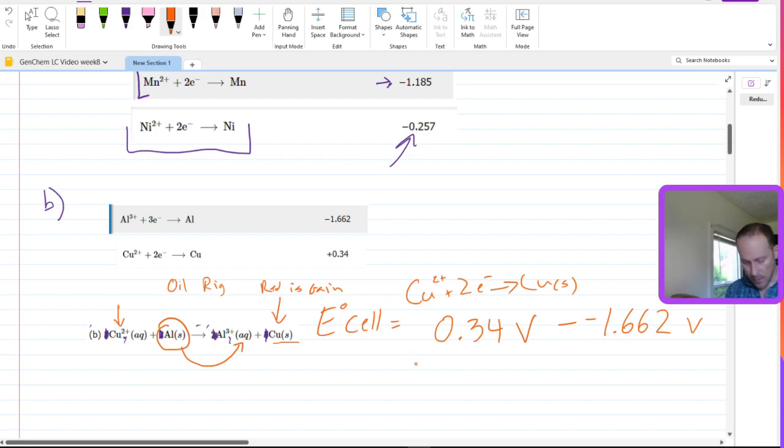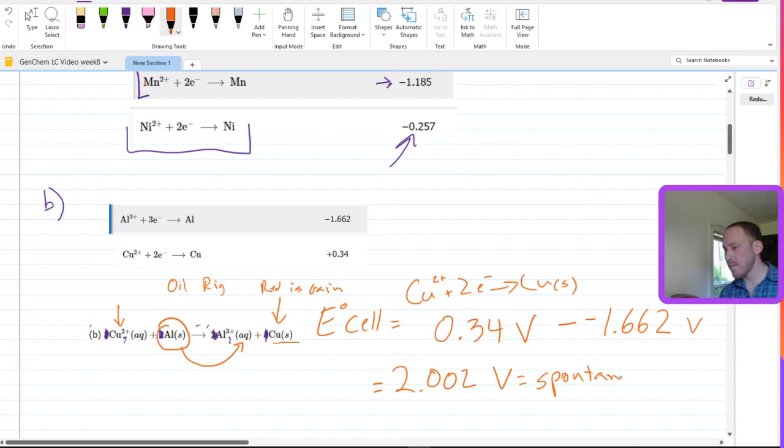Okay, so this looks pretty easy, and this looks like it's also going to be very positive and very happening. So yeah, 2.2. Jump the gun on the 2. 2 volts equals spontaneous.